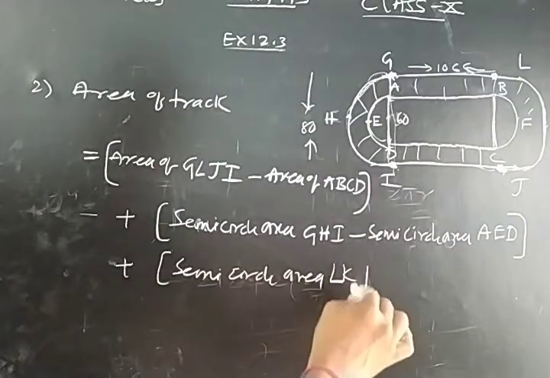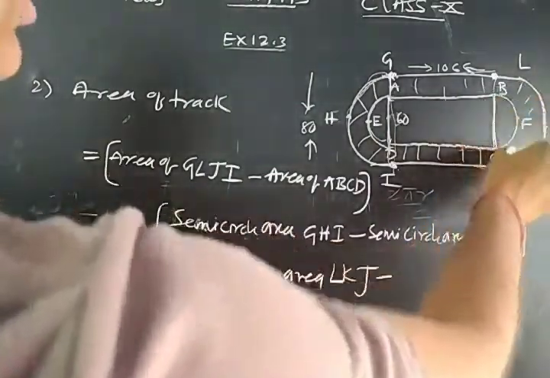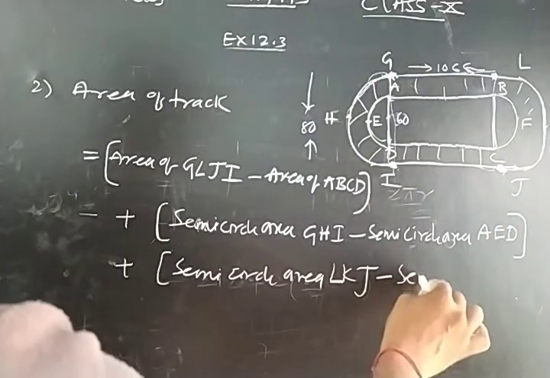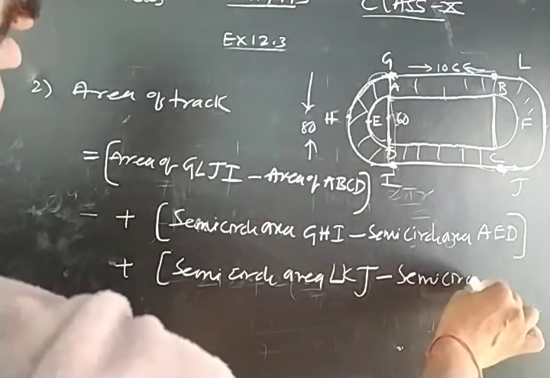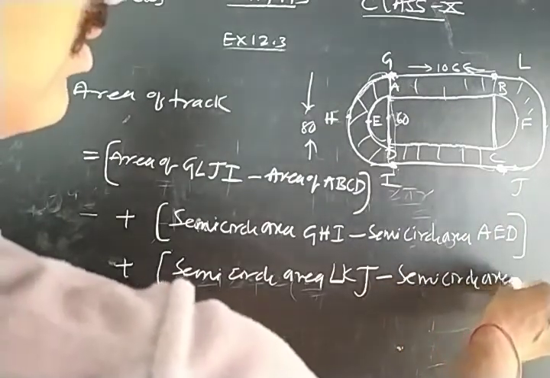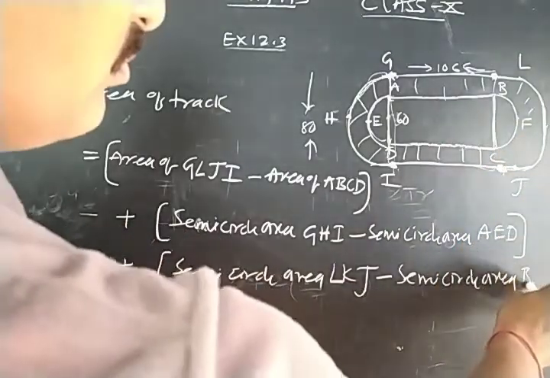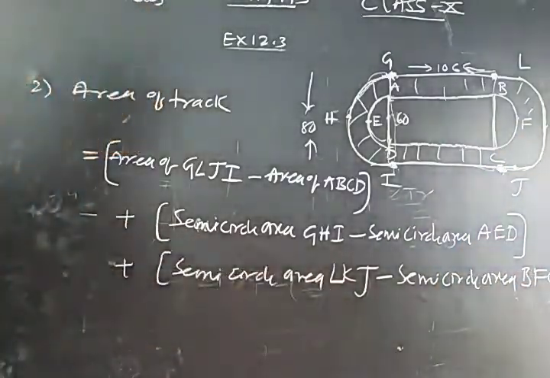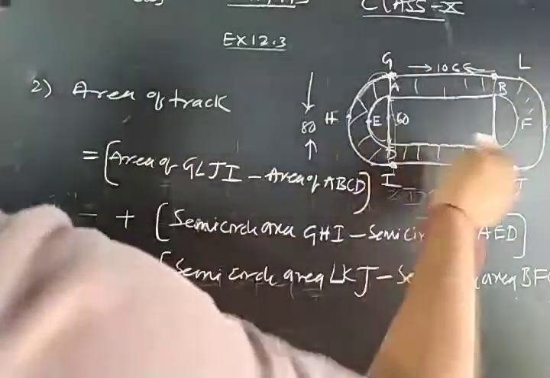From LKJ, I am subtracting this smaller semicircle area BFC, right? So automatically you will get the track area.